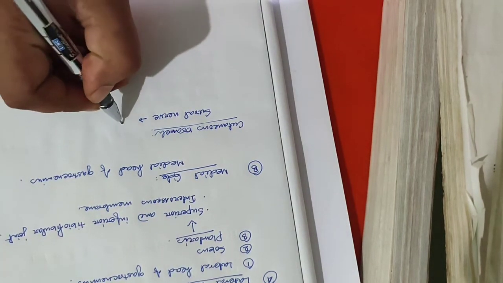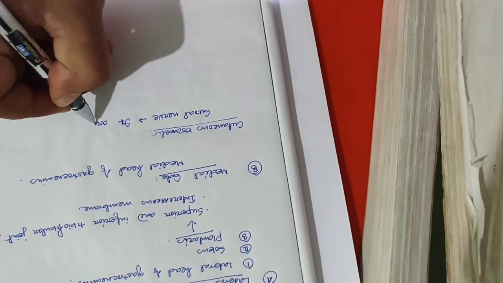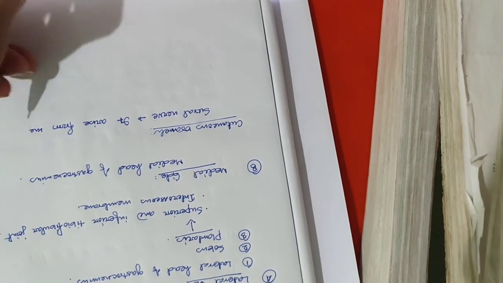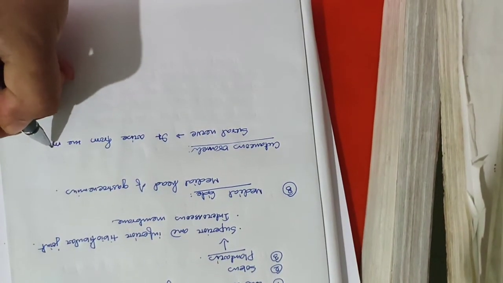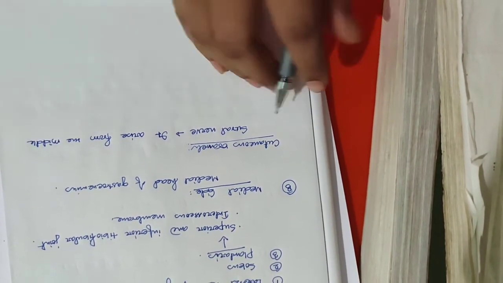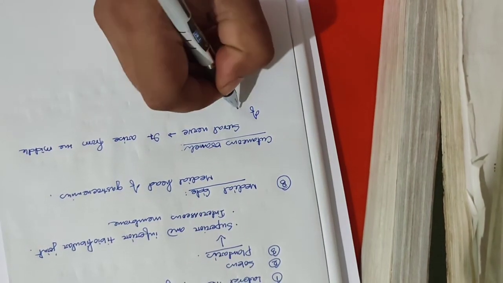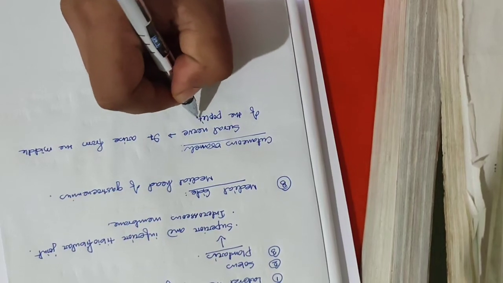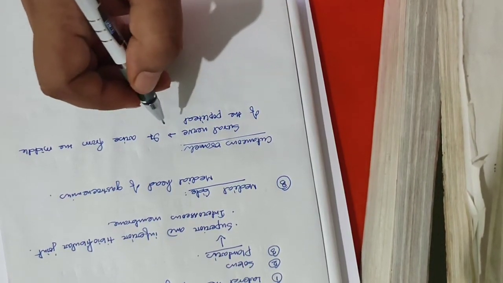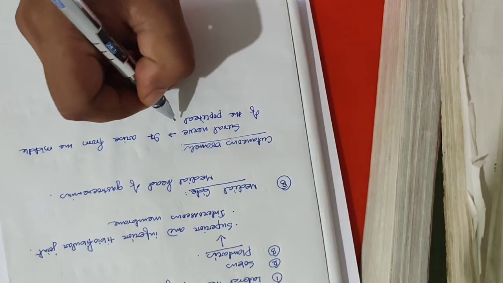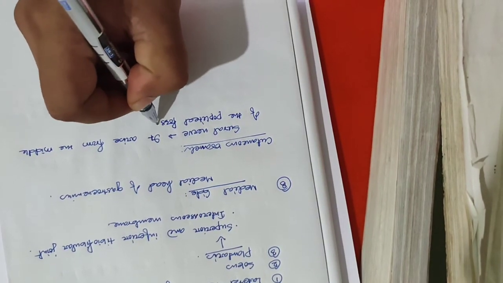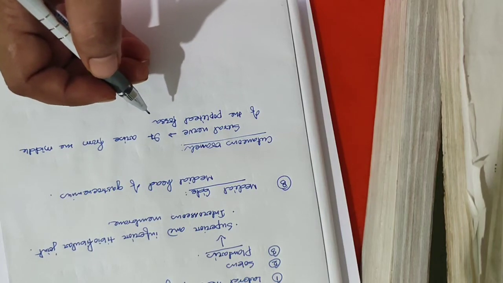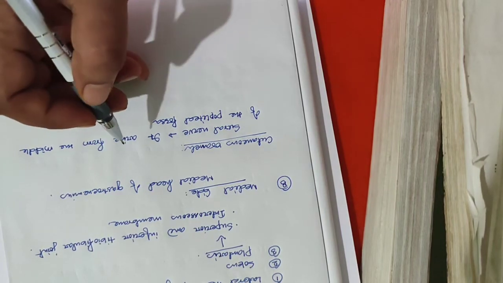It arises from the middle of the popliteal fossa and exits at the inferior angle.